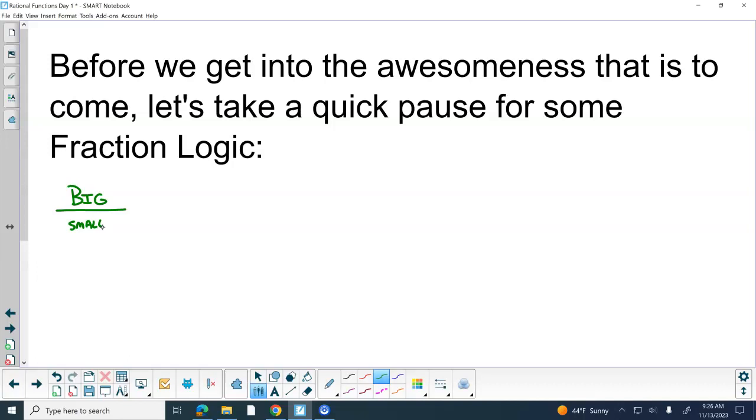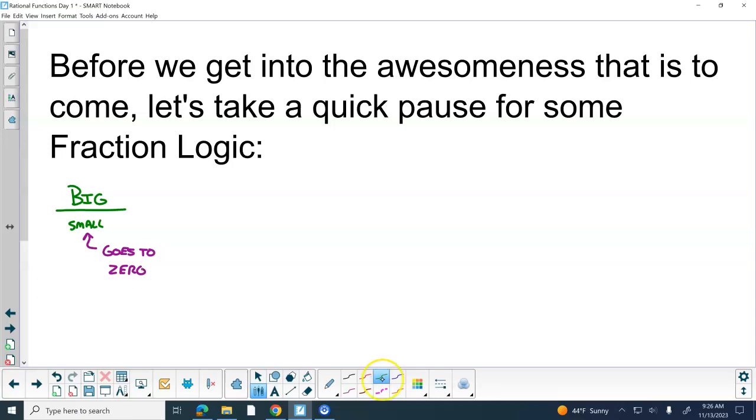So the smaller your number gets, let's say this goes to 0, what happens to the value of your function, of your fraction? It's getting bigger and bigger and bigger, right?